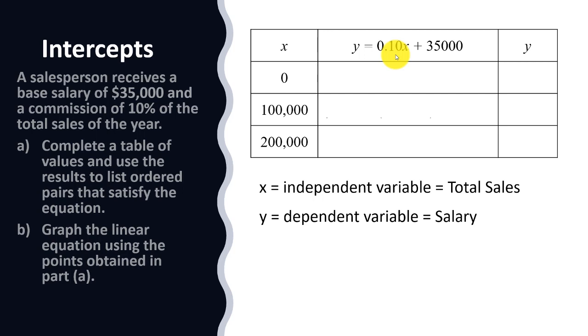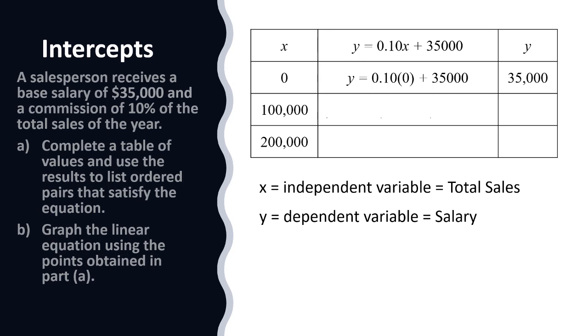The 10% is going to be our slope. That is what's changing. As x increases, this number is going to increase. Therefore, the total for the equation is going to increase. We've already talked about if the sales is 0, this person is still going to get a base salary of $35,000.